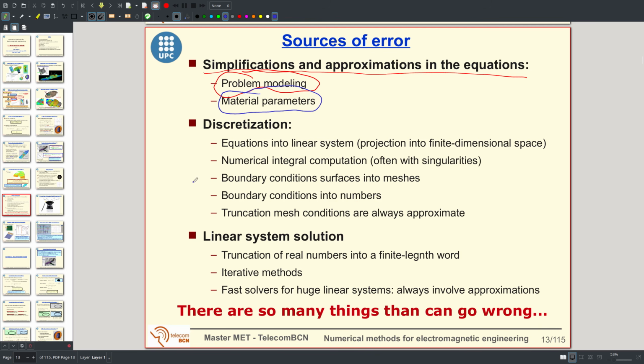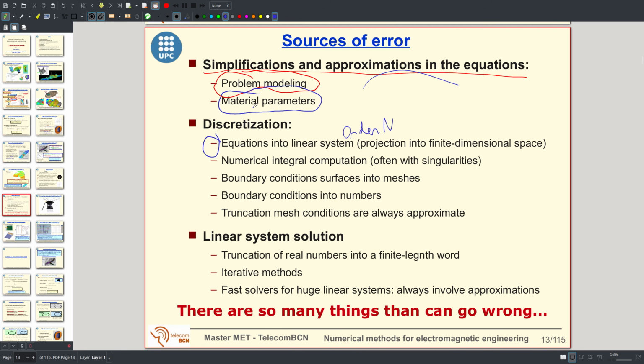Okay. Of course, the discretization introduces errors in building a linear system. A linear system has order n, so it has n dimensions, while the original functions are in a functional space of infinite dimensions. So we reduce a problem of infinite dimensions into a problem of n dimensions.